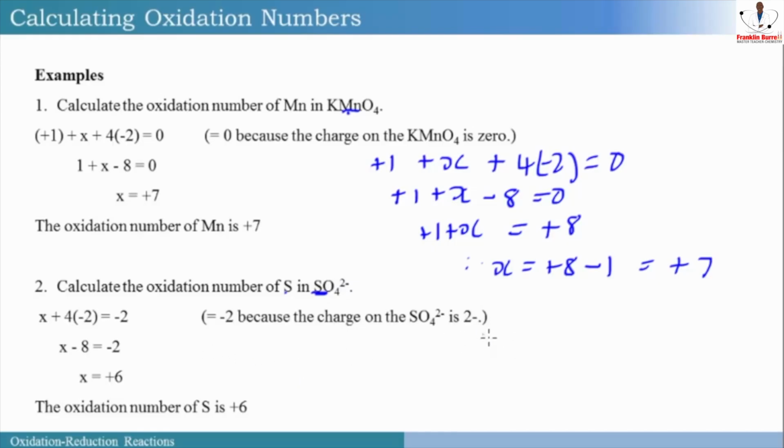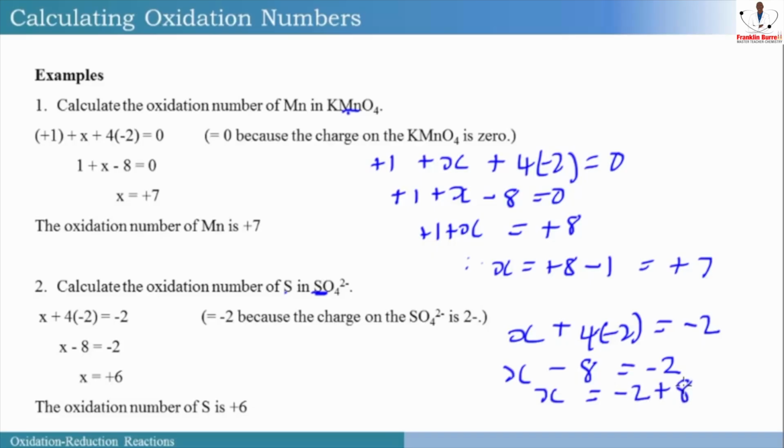So in doing the calculation, we don't know what sulfur is, that is X, plus 4 times -2 for oxygen equals -2. Because the sum of all oxidation numbers of elements in the radical is equal to the charge on the ion. So therefore, X minus 8 equals -2. So X is equal to -2 plus 8, which is simply saying 8 minus 2 really, which is equal to +6.